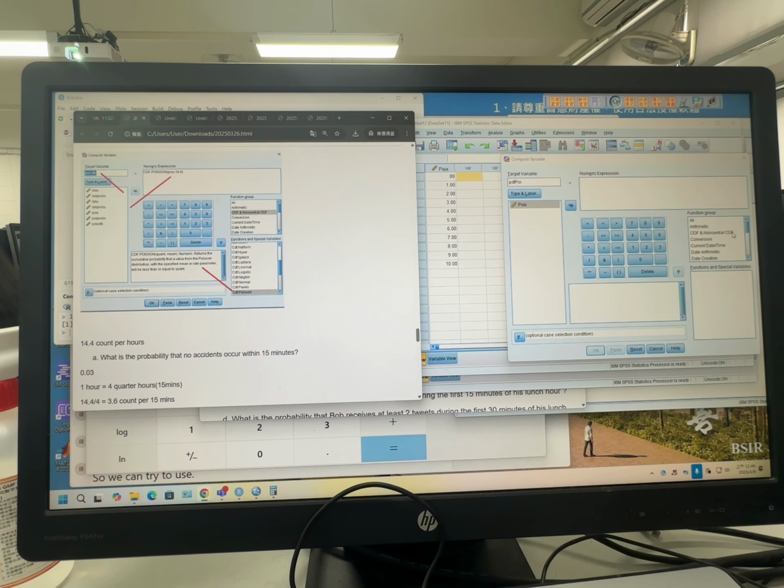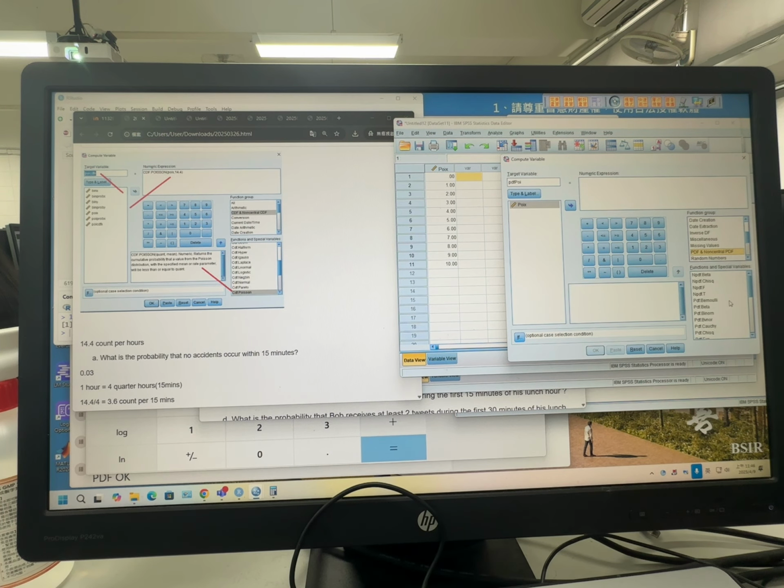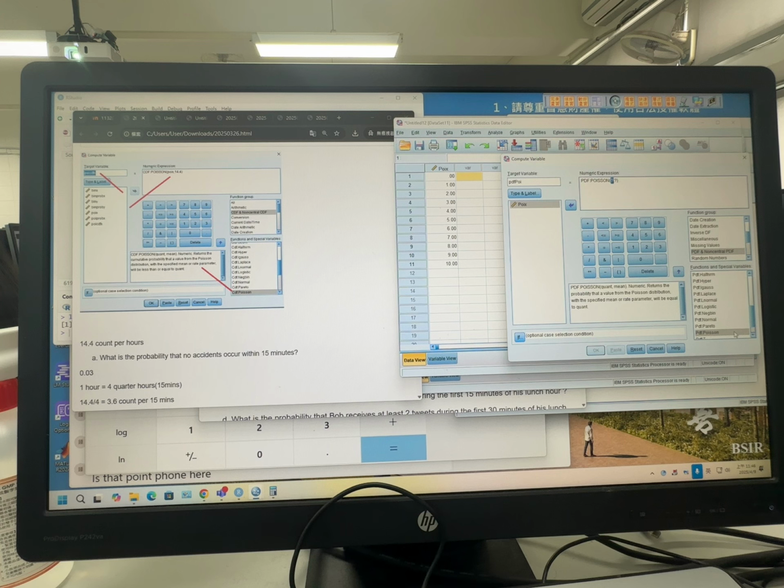Pick up the family member, which is the Poisson here. Double click. This is the variable, the value, the data. And this one is the lambda.